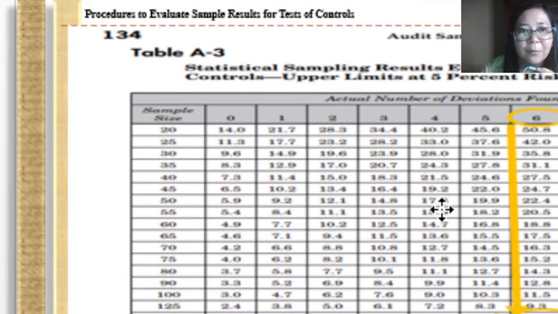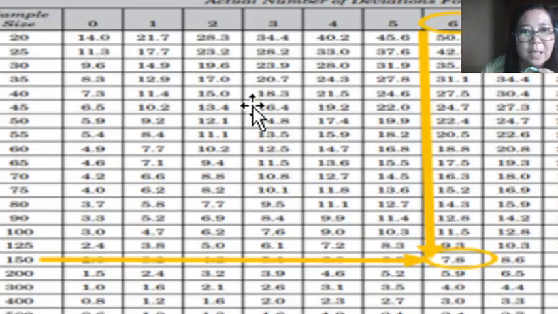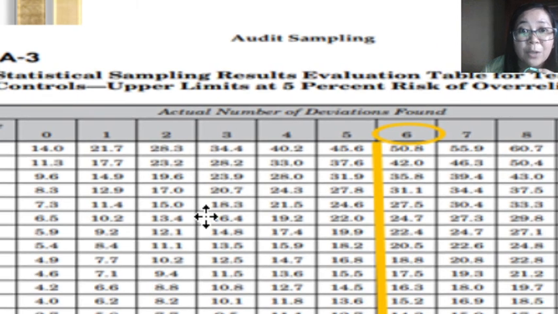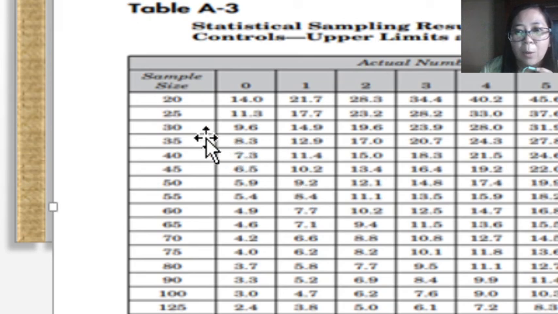Just like in the first table, we have the columns and our row. In this case, our column is the actual number of deviations found. We will get it from the sixth column because based on the illustration, there were 6 deviations found by the auditor during the evaluation. And for the row, what is the sample size?